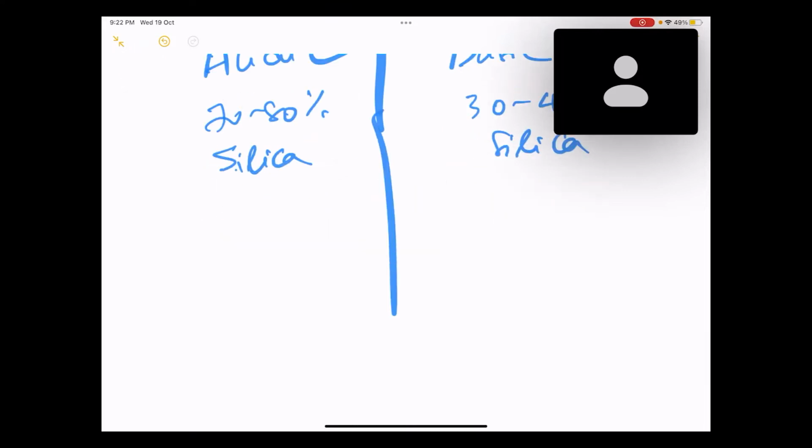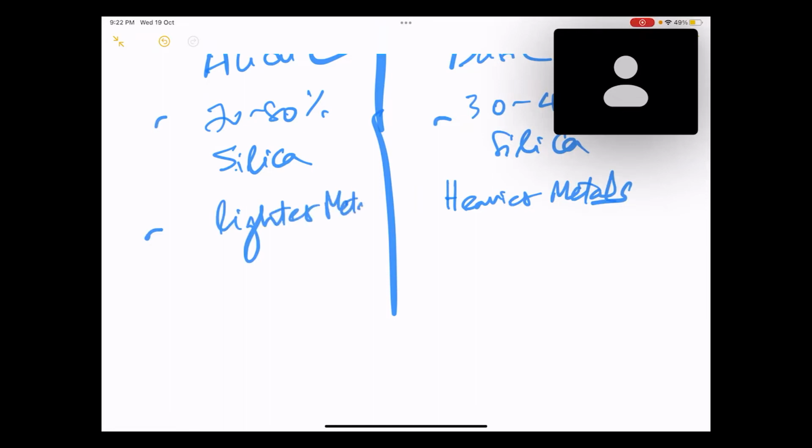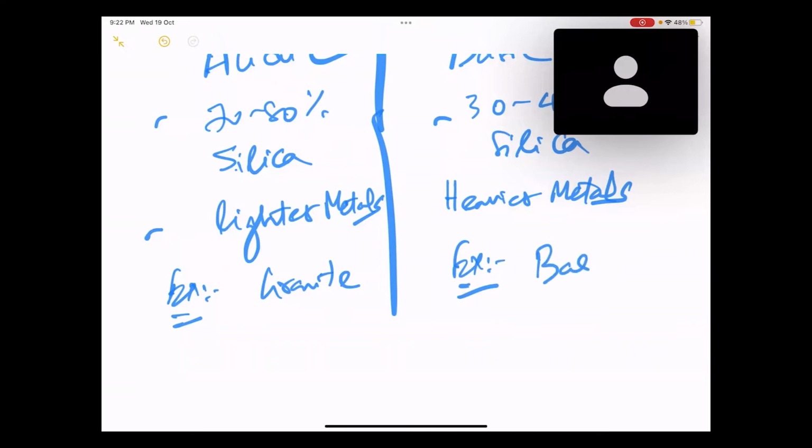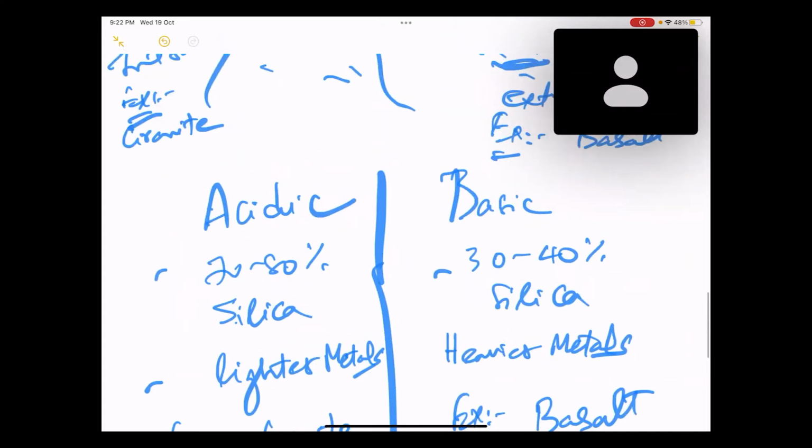Here there are more heavier metals in the composition, and here there are lighter metals. Again the example for acidic is granite, and for basic it is again basalt. So this can be one more classification.